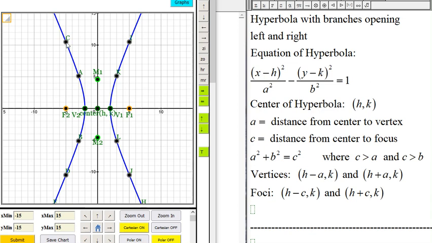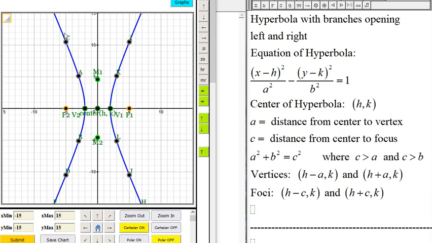So let's take this point C here. The length between C and F1 minus the length between C and F2 must be 4. And same thing here, if we look at this point, the distance from this point to F1 and the distance from this point to F2, the difference between the two lengths must be 4.